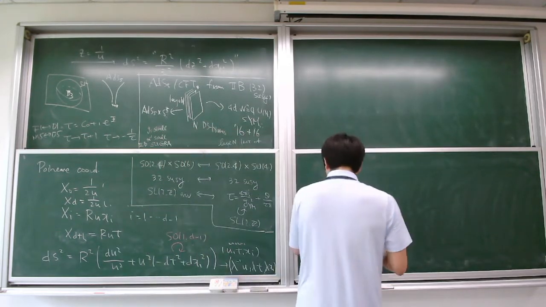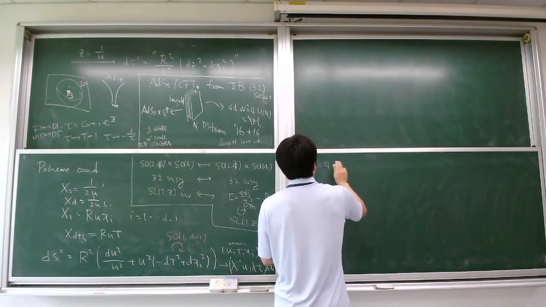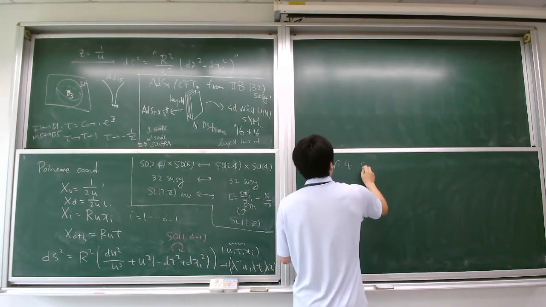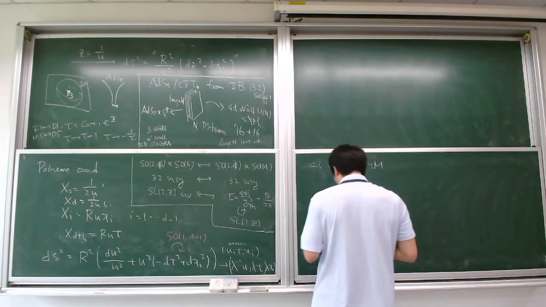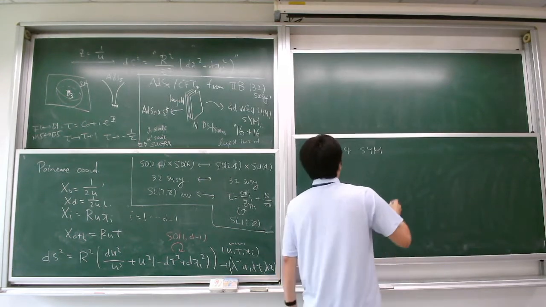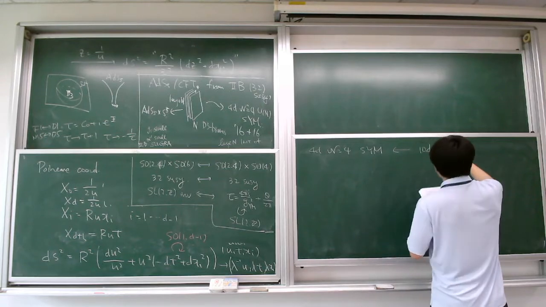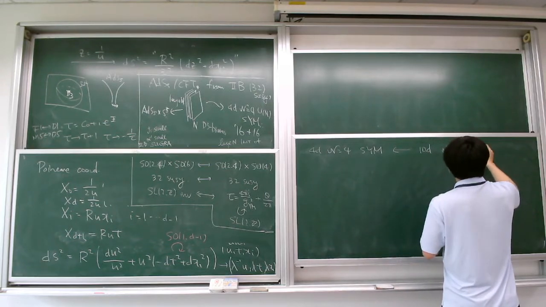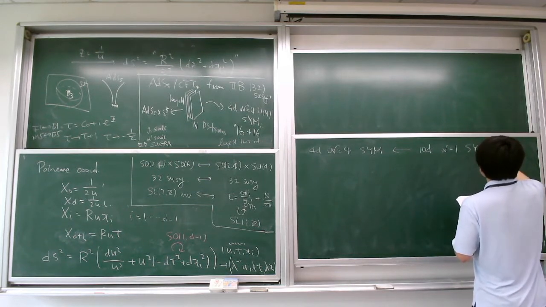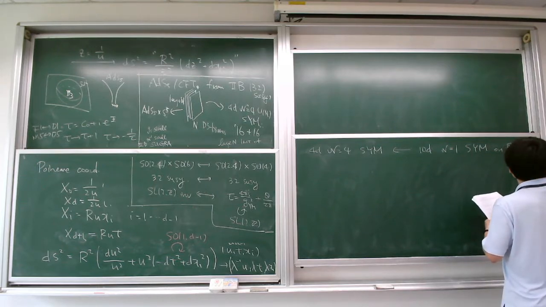Okay, so let me introduce N=4 super Yang-Mills. So this can be obtained by 10D N=1 super Yang-Mills, I think N=1, by dimensional reduction on R^{1,3} times T^6.